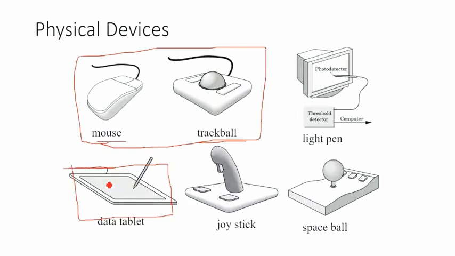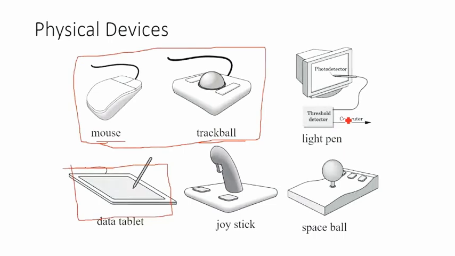And then you have your light pen. This light pen basically is a photosensitive pen. It is sensitive towards the color or the light that is emitted on this CRT monitor.